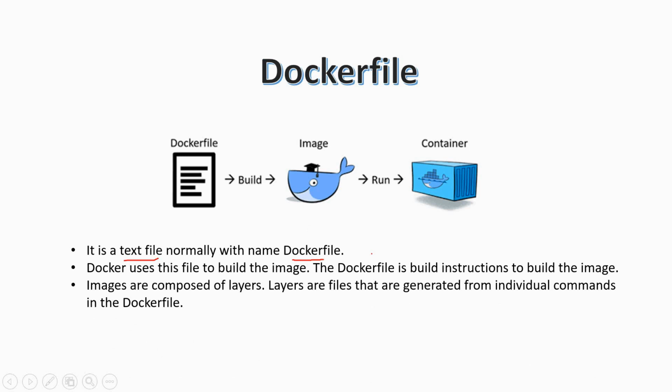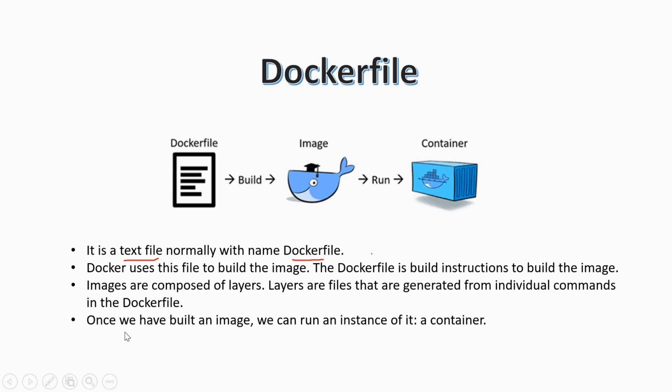Next point is that these images are composed of layers. In the demo section, I will show you how these images are composed of layers, and these layers are the files that are generated from the individual commands that are present in the Docker file.